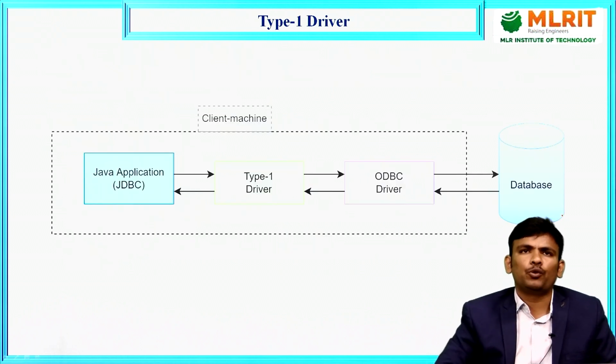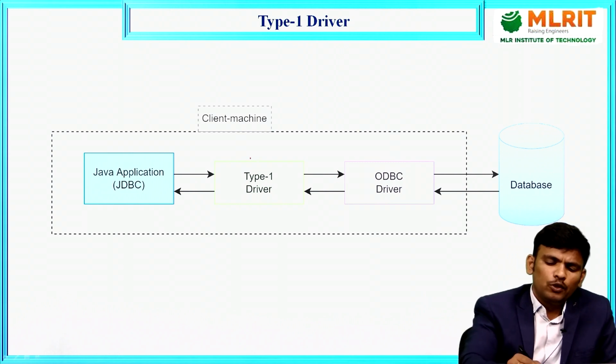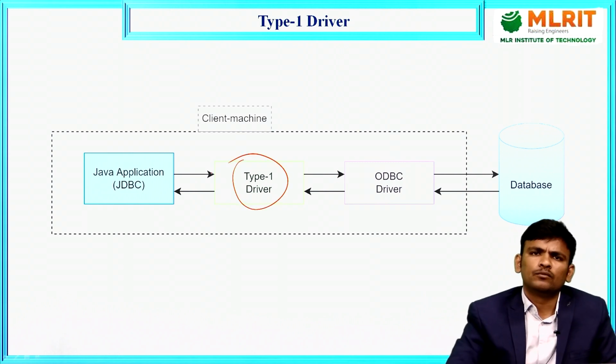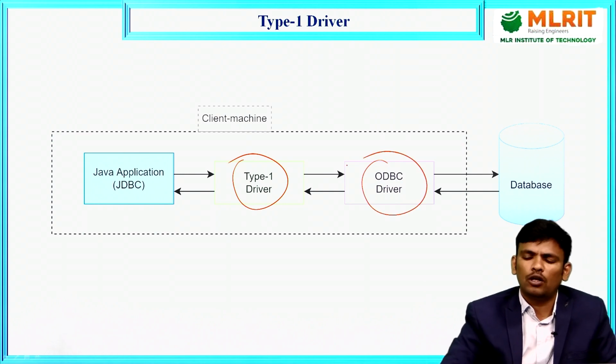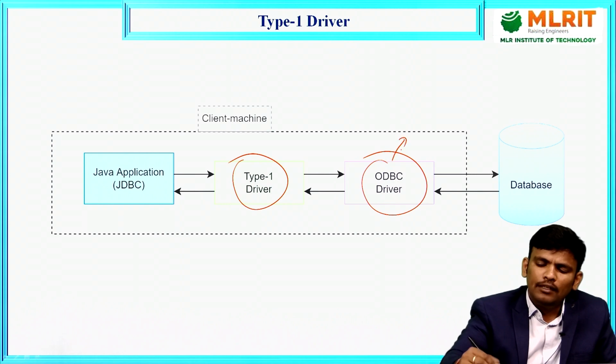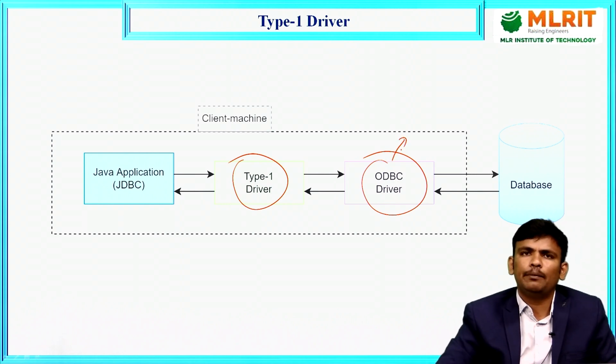Now coming to the type 1 driver. Here we are using the type 1 driver, and the type 1 driver is taking support from the ODBC driver. ODBC is just like JDBC.